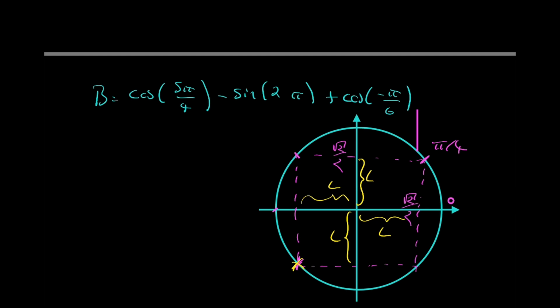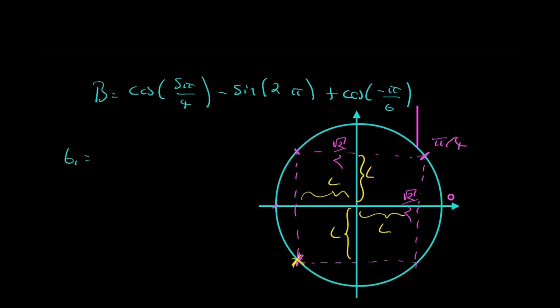this distance. So we've got B1, which is equal to, so let's see for the cosinus that can be read on this part. So we've got L to the negative side of the sinus, so minus L, which is equal to minus square root of 2 over 2. So for B2, new angle, we have minus sine of 2 pi.